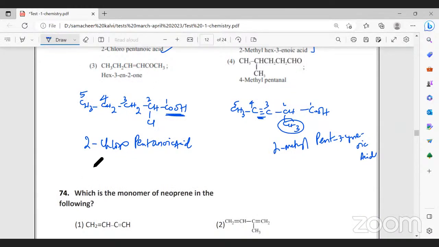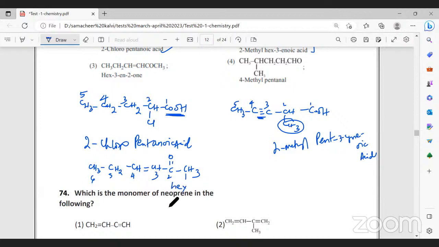Now, if you observe the third example, what they've given is CH3, CH2, CH double bond CH, C double bond O. It's a ketone group, and the ketone group also has a carbon. It has to be given the least numbering. Therefore, it will be numbered like this: 1, 2, 3, 4, 5, and 6.